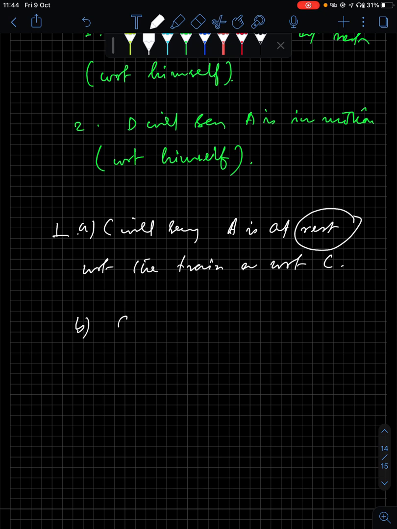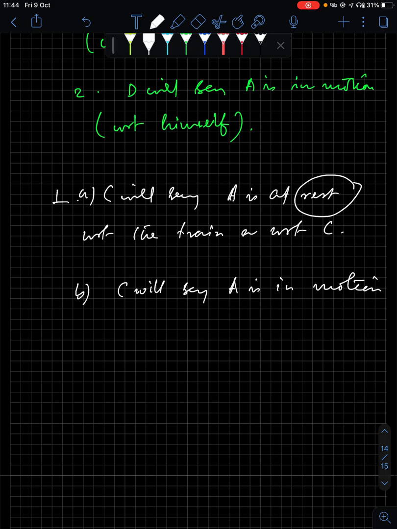Possible response number 2, C will say A is in motion with respect to the Earth or with respect to the railway track.